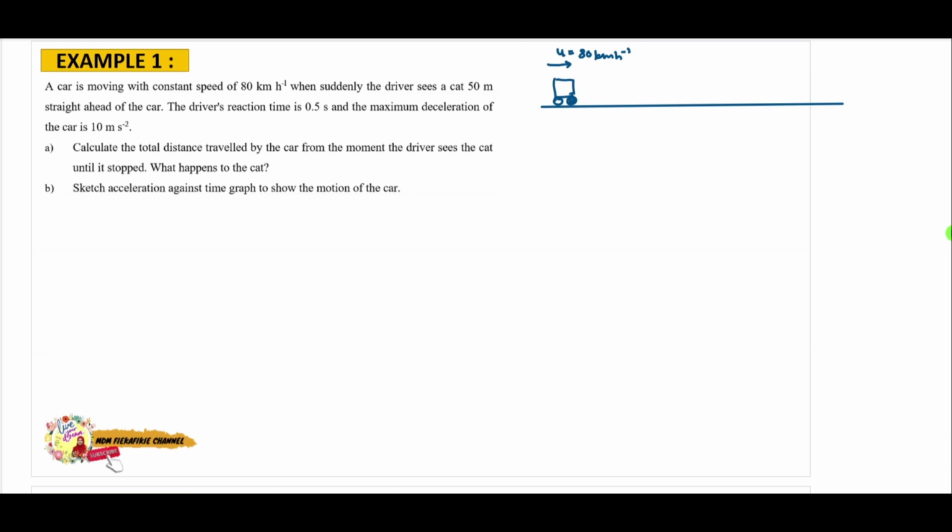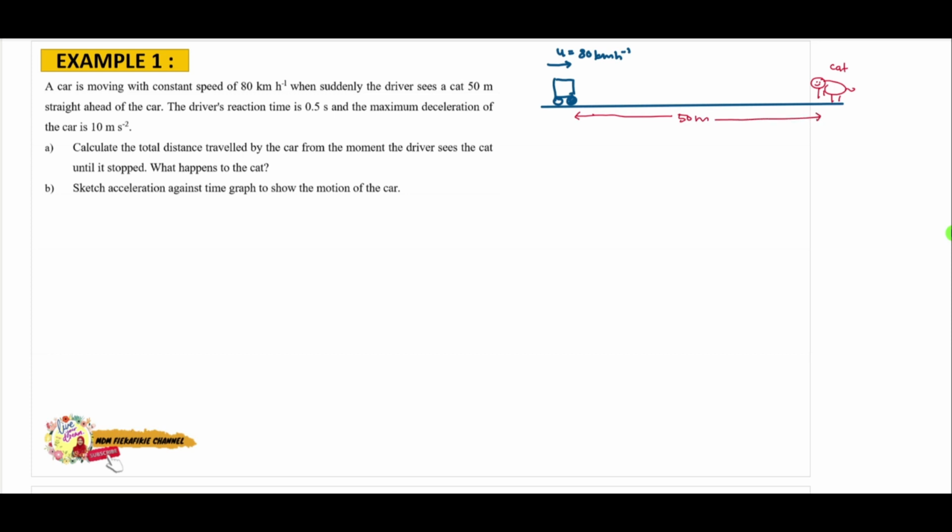And suddenly the driver sees a cat 50 meter away from the car. So let's say this is the cat. Sorry for the bad drawing. So this is the cat, where the distance from the car and the cat is 50 meter. Let's say this is 50 meter.